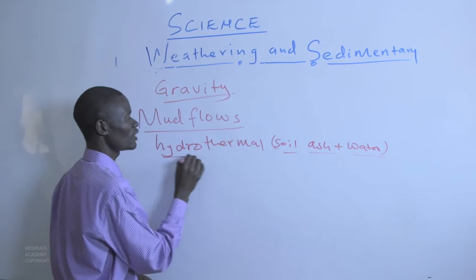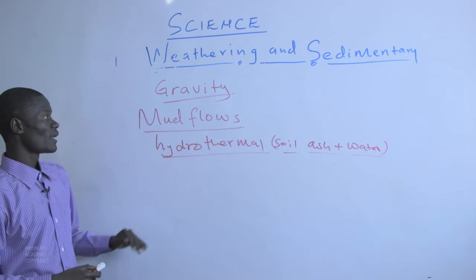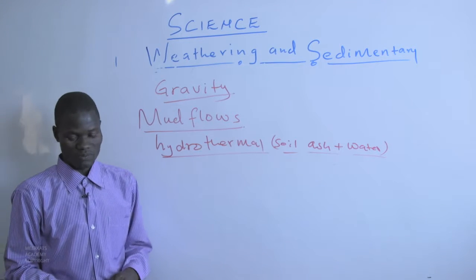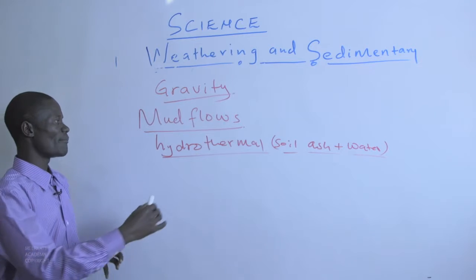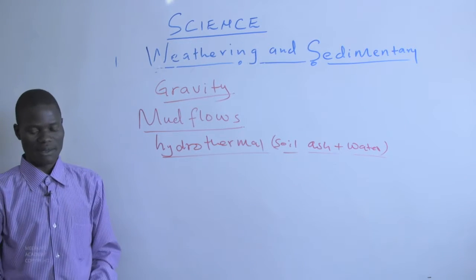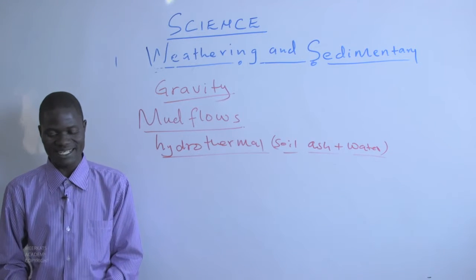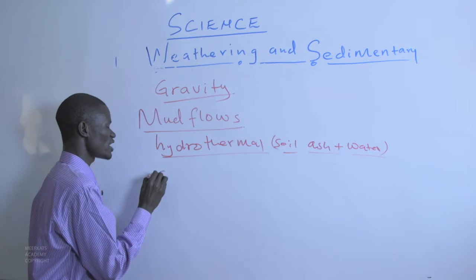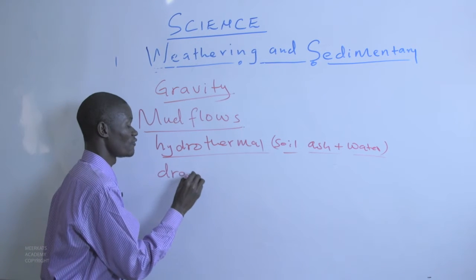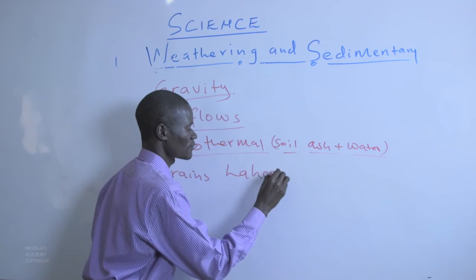They form what we call hydrothermal material. Depending on the slope of the land, this material is going to move as a mass that we call mud flows. As it sweeps down into the valley, it drains into the lowland. As it drains into the lowlands, it forms layers.